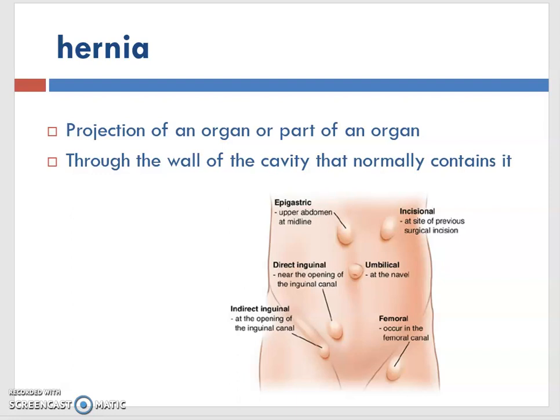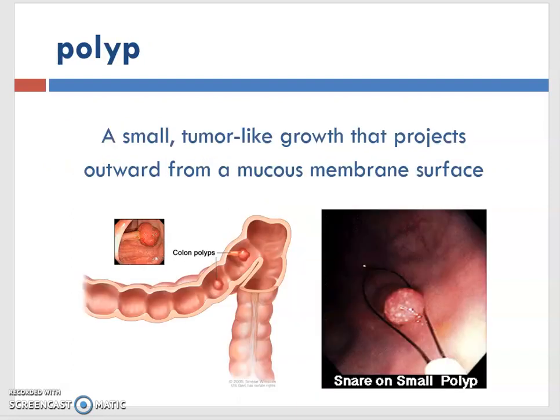Then we also have the femoral herniation here. This occurs in the femoral canal. So any one of these places can be a weak spot where an organ may push through a muscle wall and protrude into the outer skin surface, and then you can see it, as in this picture. It would require a doctor's attention, although it may not require repair. It might very well be a herniation that can be managed differently.